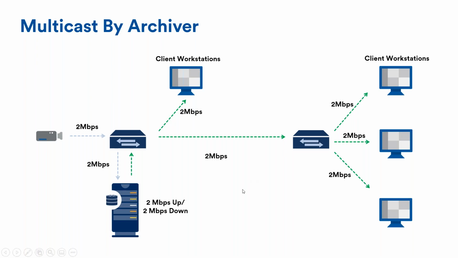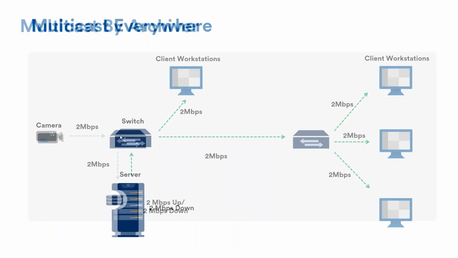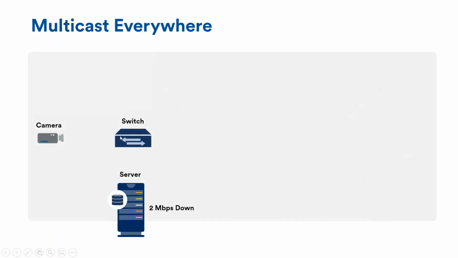One other example, again, this is multicast by archiver. This is a scenario where the camera does not support the ability to send a multicast stream. Some cameras do support that ability, some cameras do not. If the network is configured for multicast, and Security Center is set to stream in multicast, and the camera doesn't send the multicast stream to the switches, the archiver will. And then here, we say multicast everywhere.